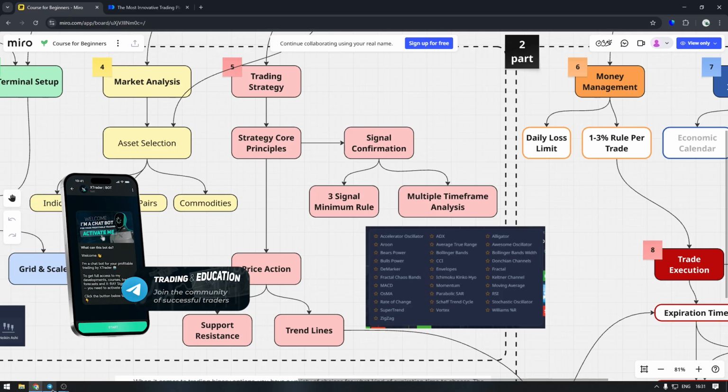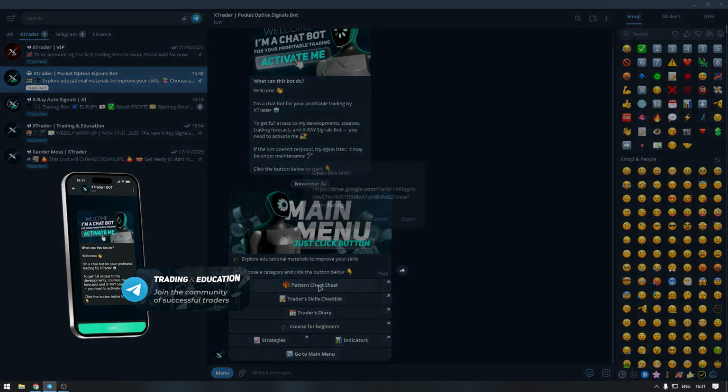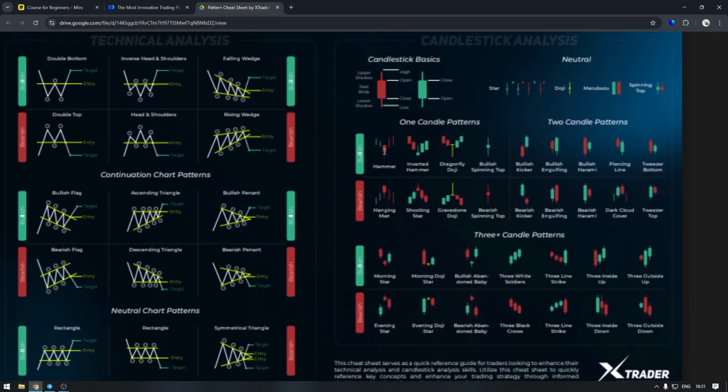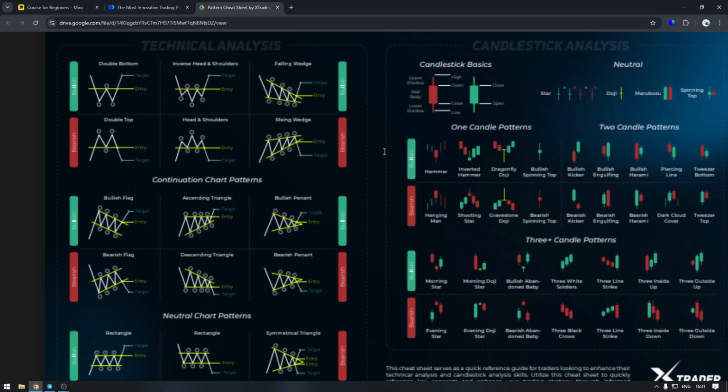In my Telegram bot, you can find in the Academy a pattern cheat sheet. Here you will see every pattern of technical analysis and candlestick analysis, and you can use it in your trading.